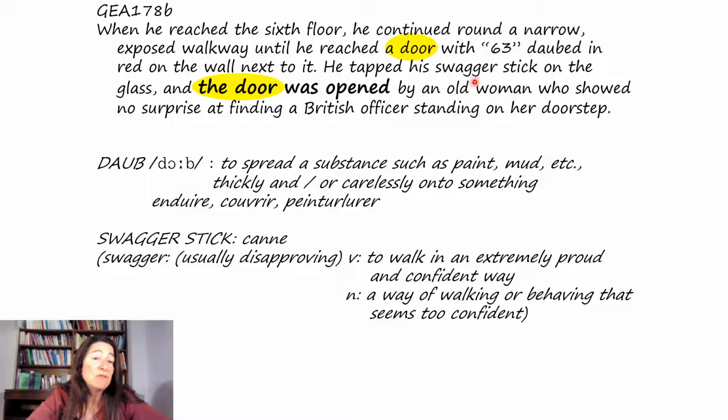So in this narration here, it wouldn't make sense at all to say, and an old woman opened the door, because that doesn't have any reason for being. What's logical here is to talk about the door, and therefore, once we have chosen the subject, the topic, the theme, then the choice of the voice is automatic.